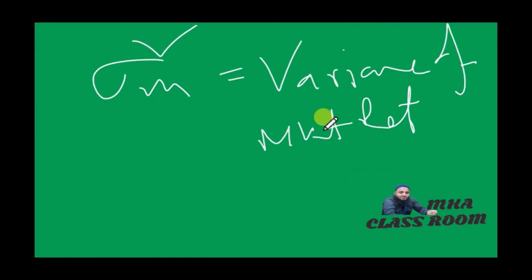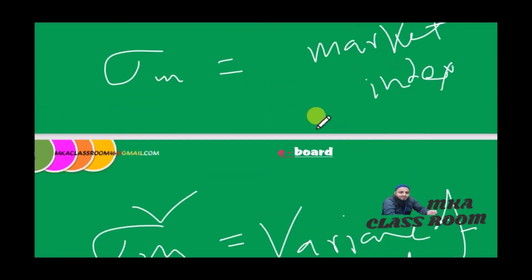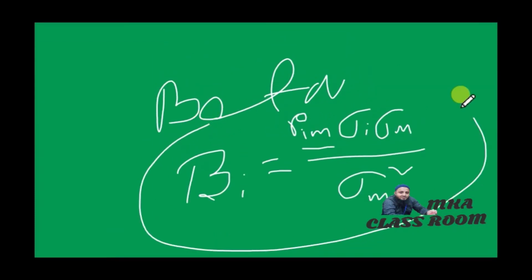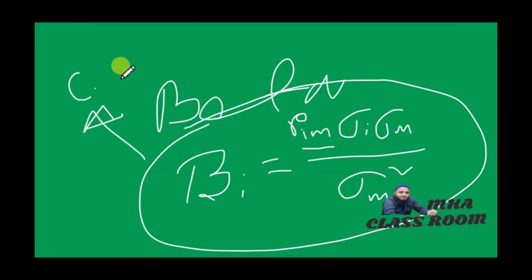So by using this formula we will find out our required beta by the correlation method.